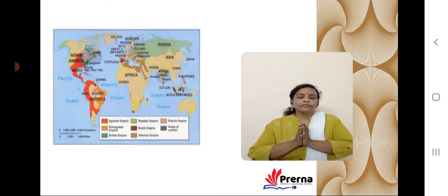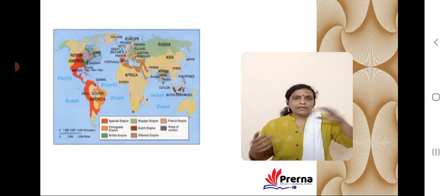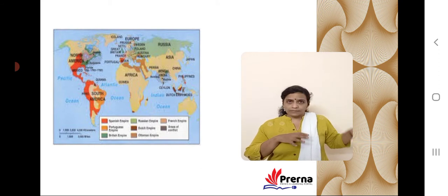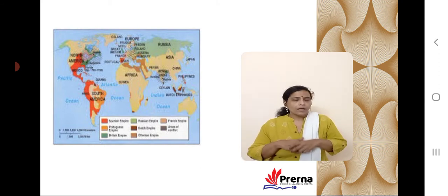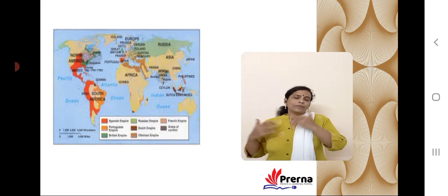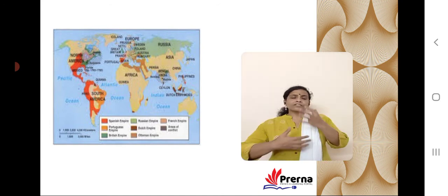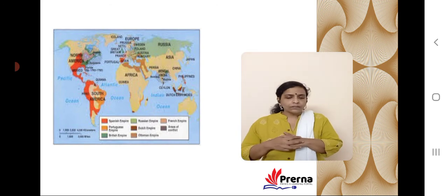So that sort of a change made them more powerful. Until 1763, they were not very aggressive in their issues in the 13 colonies. But once the French menace was put to an end with the 7 Years' War in the year 1763, they started exploiting these 13 colonies even more vigorously.